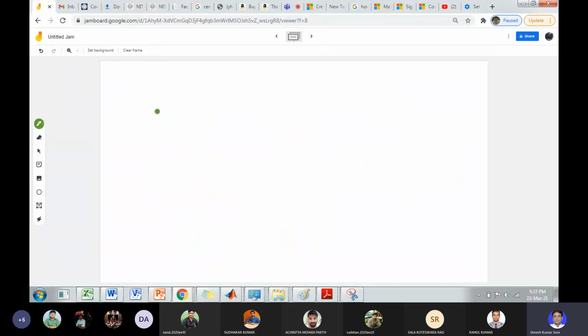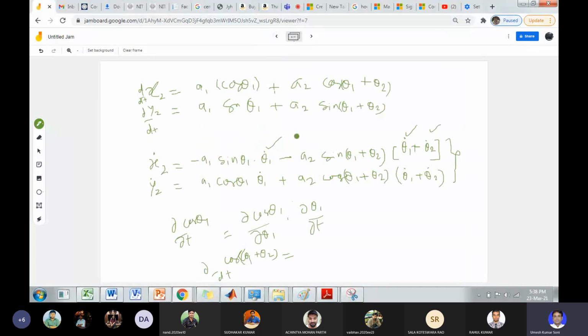Here you will determine the x2 dot, y2 dot, 2 cross 2 का जैकोबियन मैट्रिक्स बनेगी ना? 2 by 2 थीटा 1 और थीटा 2 के डिफरेंशिएट करके. Okay, so what you see here, you take out the theta 1 term here in common, theta 2 terms here in common.